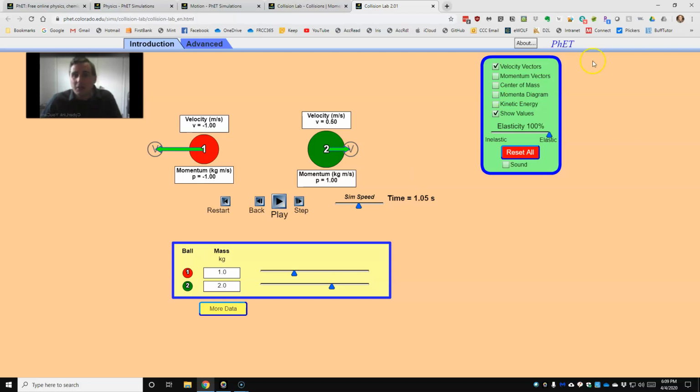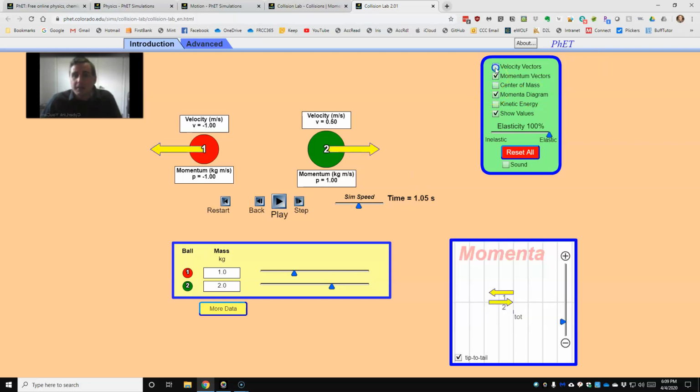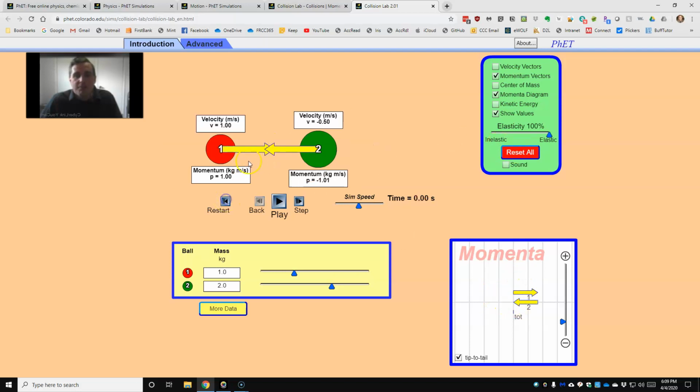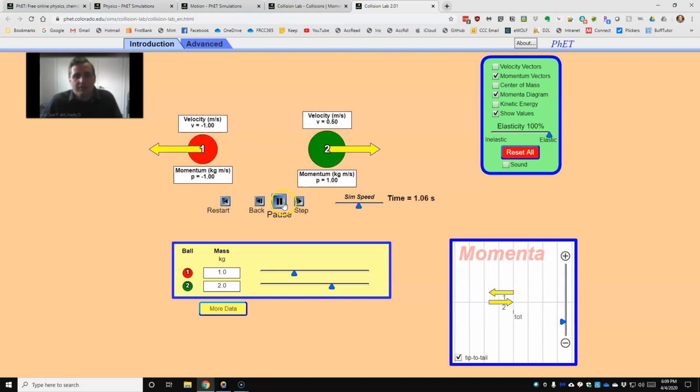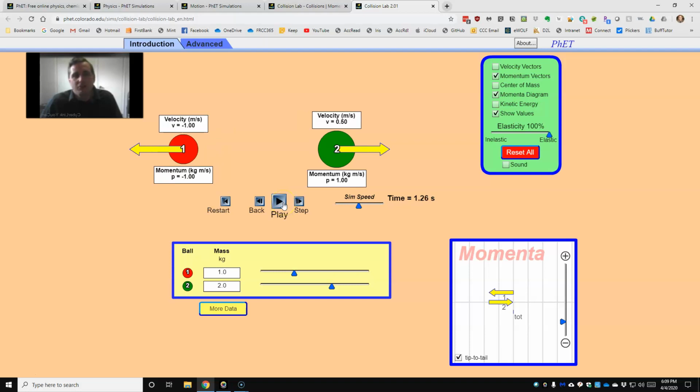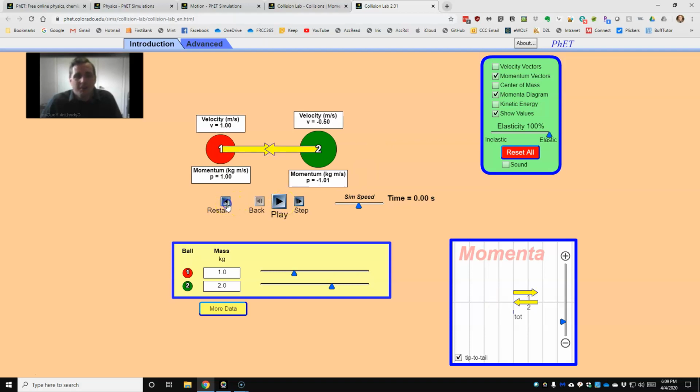Why is that? Well, let's take a look at this. Notice that the total momentum of the system is 0 because vectorially these momenta are canceling each other out. When they hit and collide, sure, they change their velocities, but it's basically just changing their velocity directions.